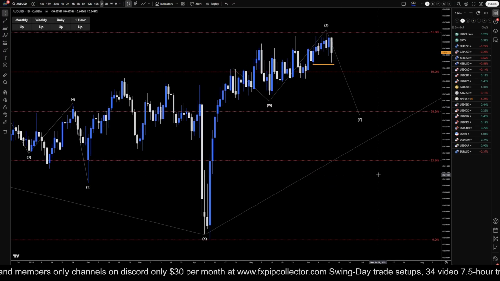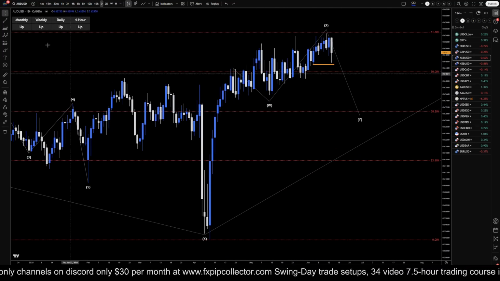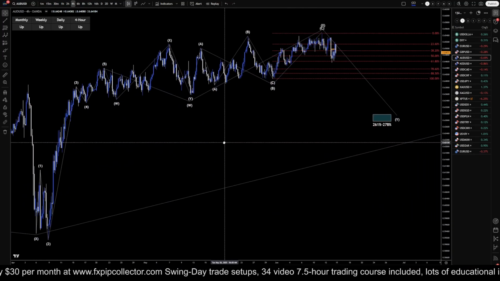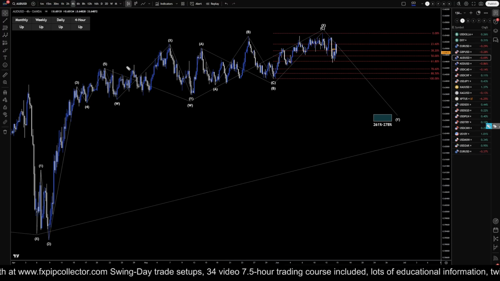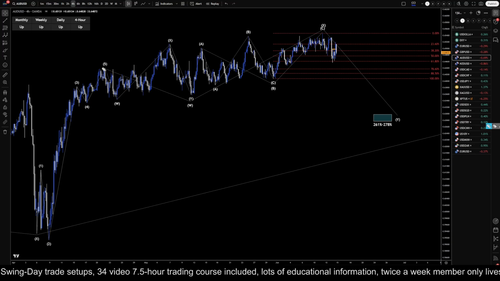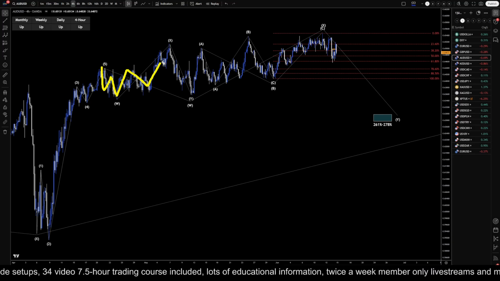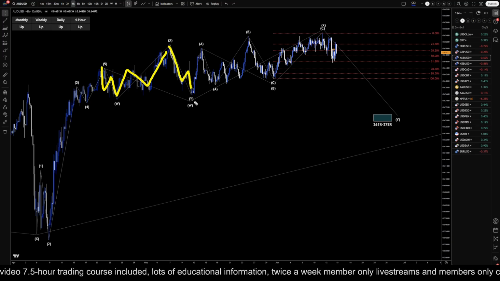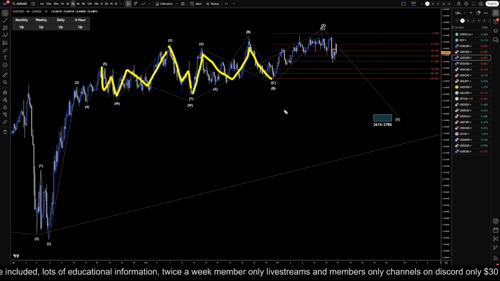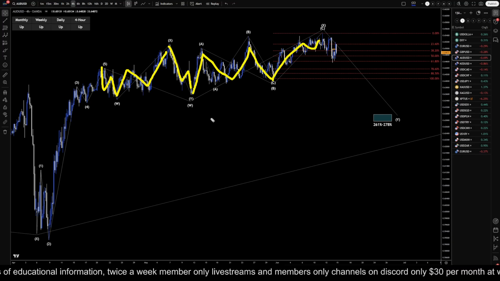On the daily time frame, this is where I do have a possible corrective outlook. Let's go down to the 4-hour and zoom out a little bit, because we have been in a very overlapping pattern for a while on this. And to me, it does kind of look like 1, 2, 3 down, 1, 2, 3 up, 1, 2, 3 down for a W, and then an A, B, C for this wave X possibly.